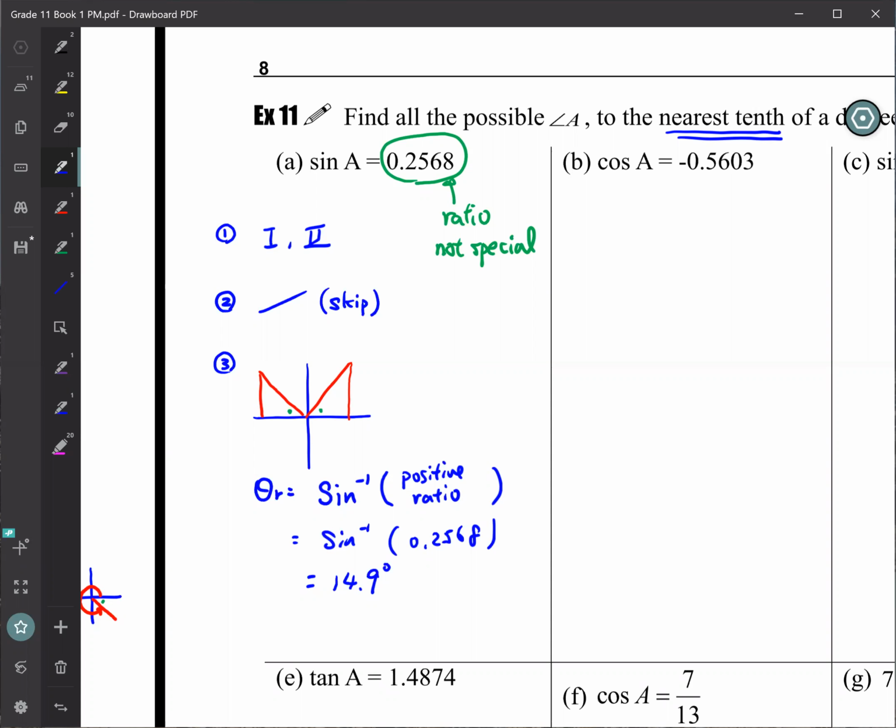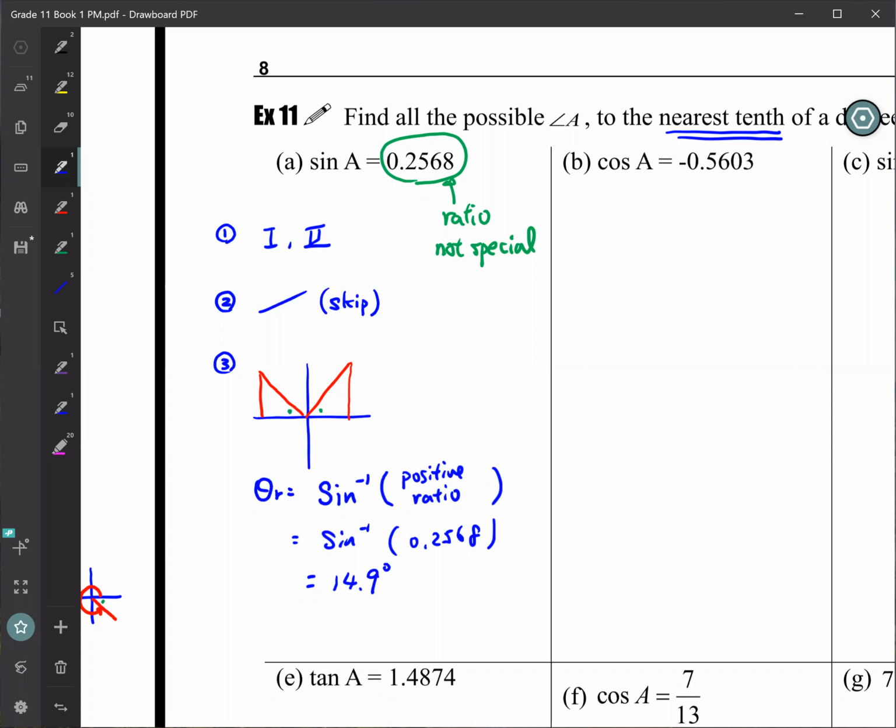Chris, Ivy, Jenny, Wellen, are you able to get 14.9? Yes. Okay, so that's how you get the reference angle.